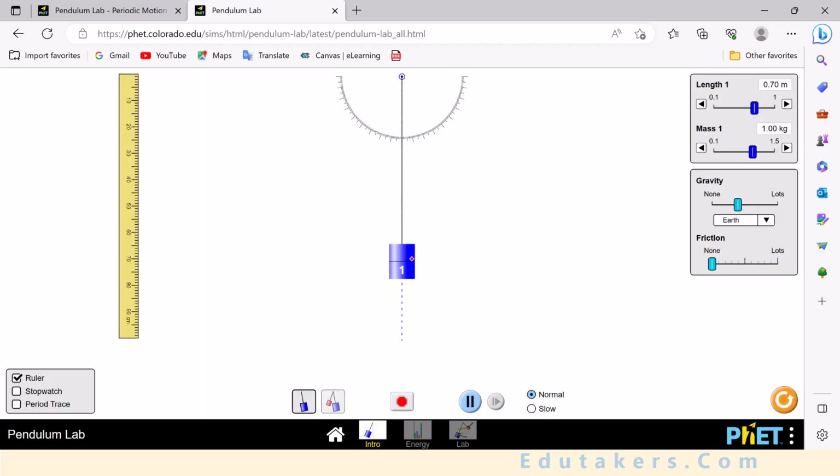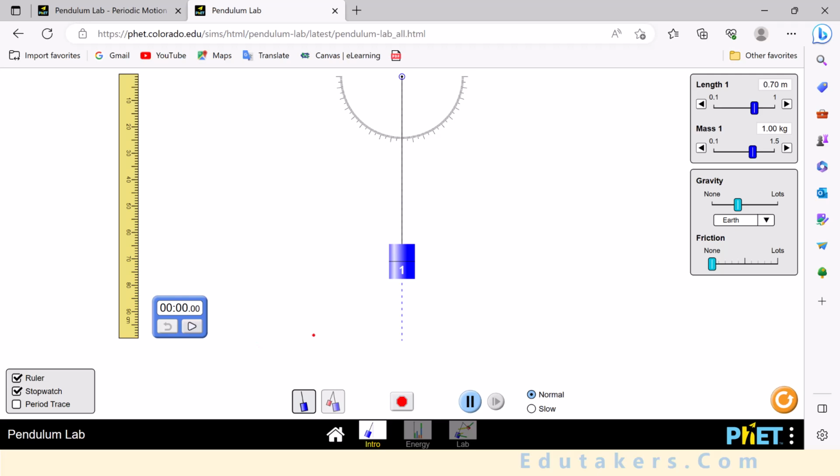Here you can see a pendulum, marked here as 1. It is basically the mean position or the equilibrium position. There is a ruler which is used to measure the length of the pendulum. You can also use a stopwatch when you are going to measure the time period, and you can also take the periodic trace, the path that the pendulum will follow.